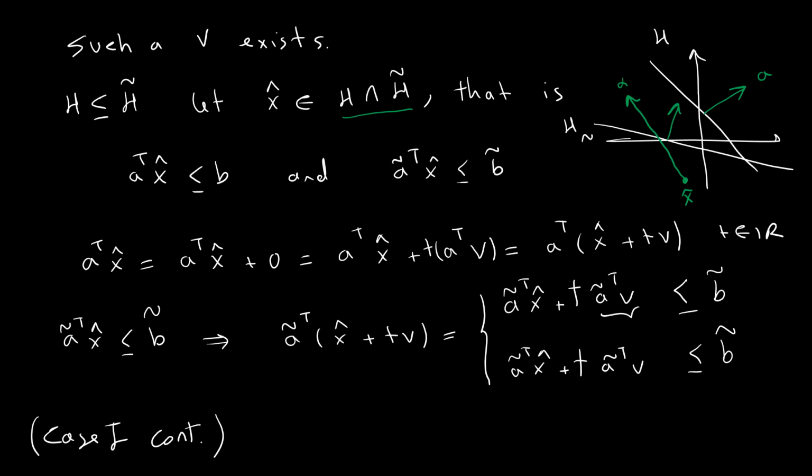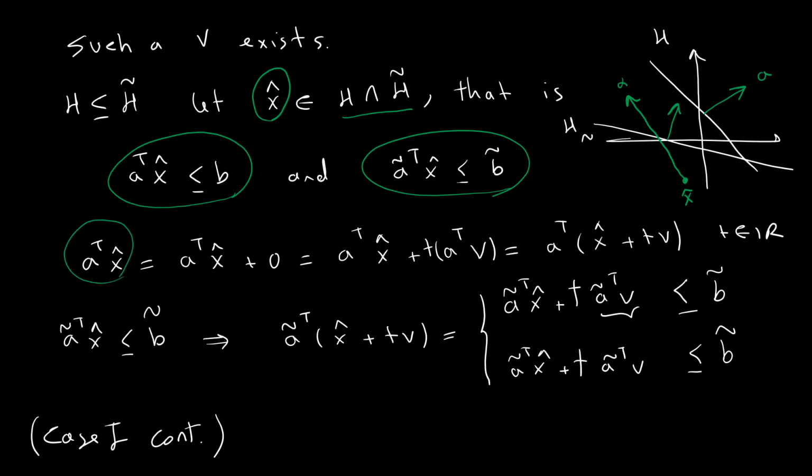So what we can do is take x hat as our point in the intersection of H and H tilde. Because x hat is in H, we have this inequality that holds for x hat. So I can write A transpose times x hat, and I can add 0 to that.